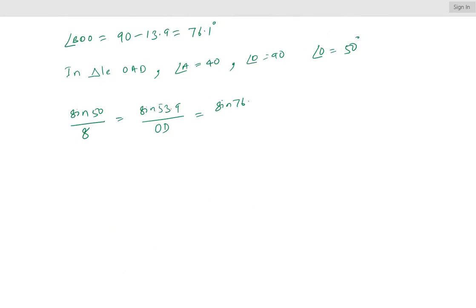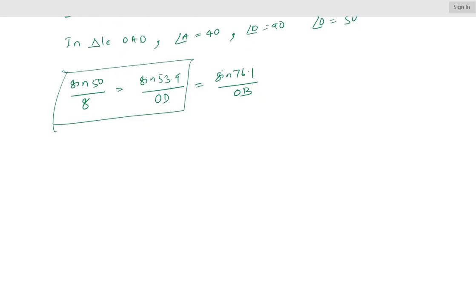Taking this relationship, we can find OD, and OD comes to, please check my arithmetic, 8.44 inches, and OB comes to 10.14 inches.